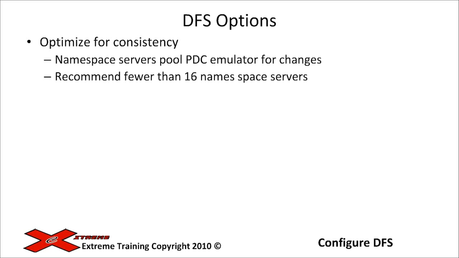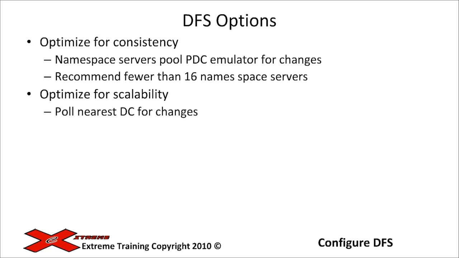If you have a large network or your namespace changes a lot, you should select the option Optimize for Scalability. When this mode is selected, your DFS server will pull the local domain controller for changes rather than the PDC emulator. Your DFS servers will make changes to the DFS namespace via the PDC emulator to ensure the namespace is consistent.